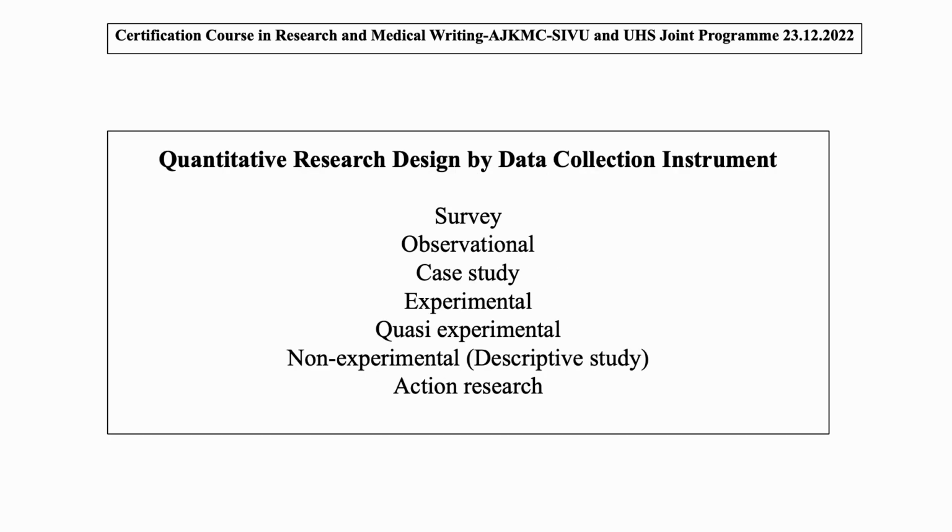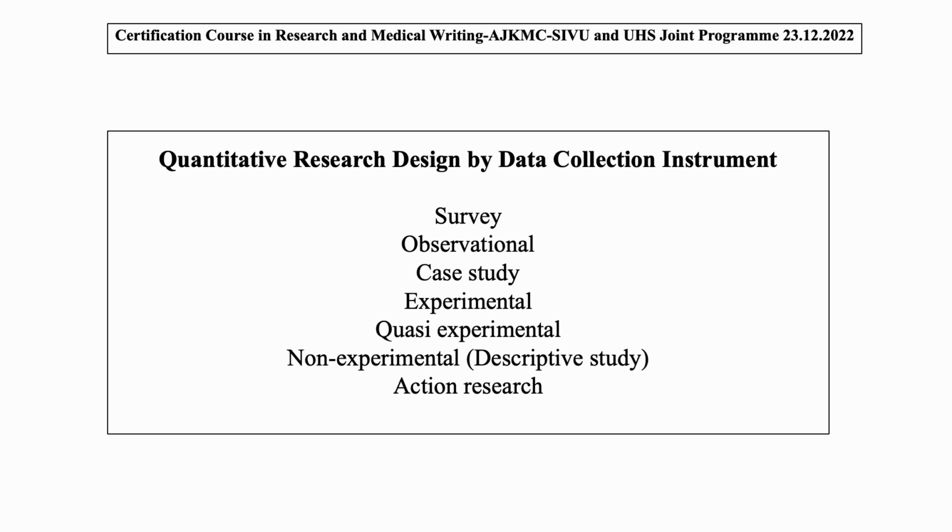The next would be the quantitative research design by data collection instruments. It could be survey research, an observational study or case study, experimental research, quasi-experimental research, non-experimental or descriptive studies, and then action research. You are all very familiar with these because the earlier speakers have talked about them. I will not go into detail.